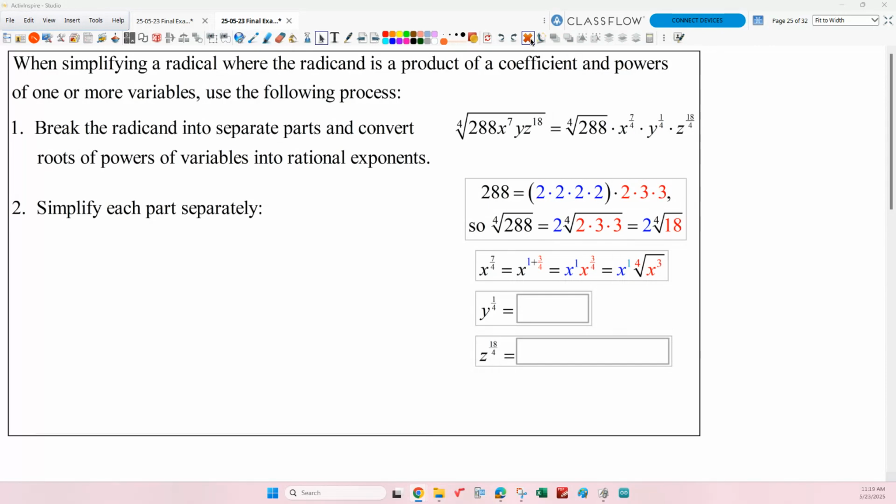And then that just turns into x on the outside and then the 4th root of x cubed. Doing okay? Okay. And then what about y when it's just 1/4? Yeah, 4th root of y. Okay. What about z? What can I split that up into? It has 18 over 4 if you can't see it.